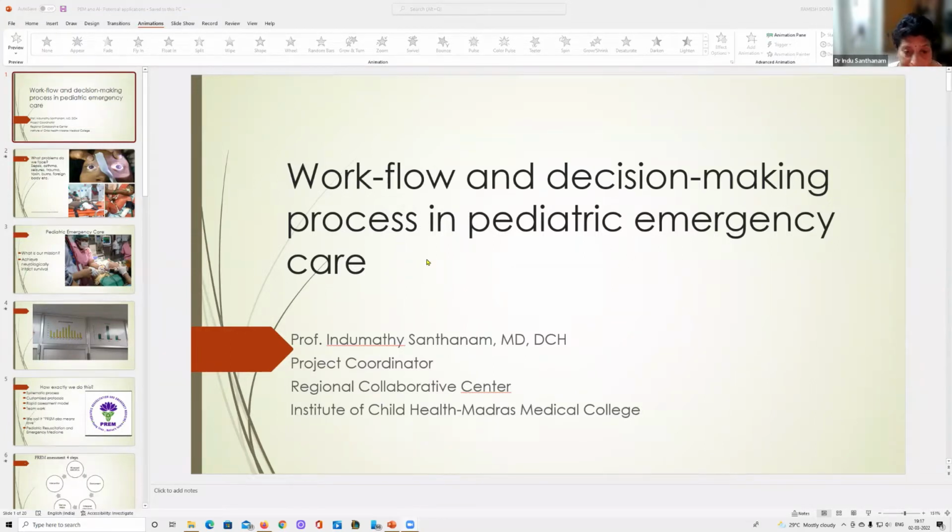So I had to evolve, because we are a large volume center. We get the worst cases and the poorest of the poor who reach us very seriously ill. And these doctors had to be given a very simple, basic process where they repeatedly do this till the child gets better.